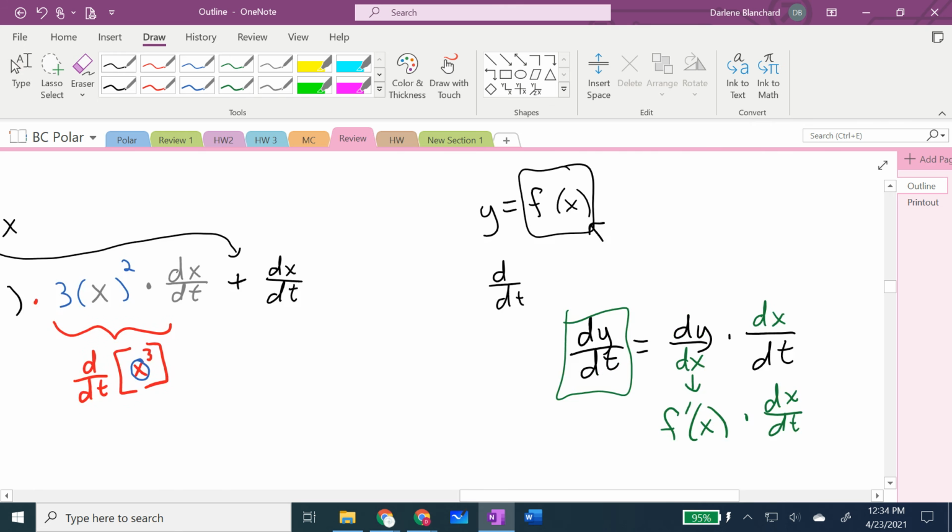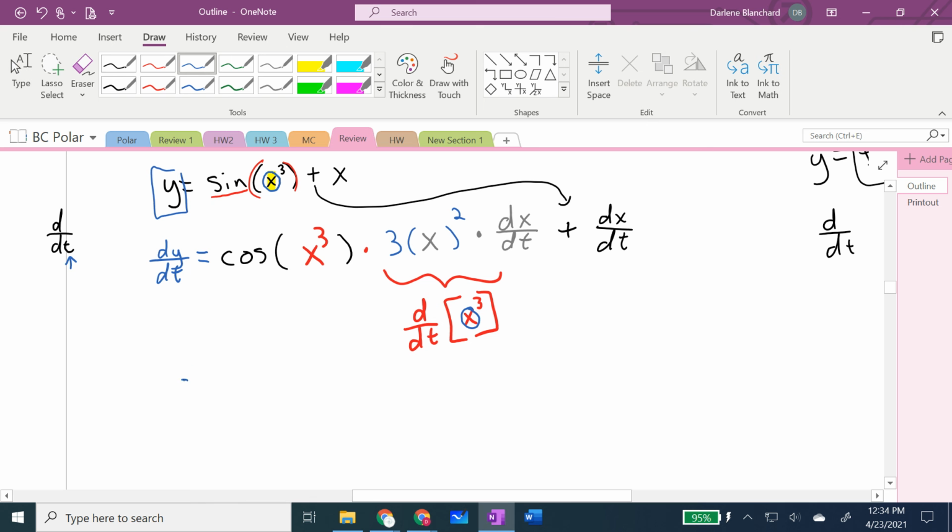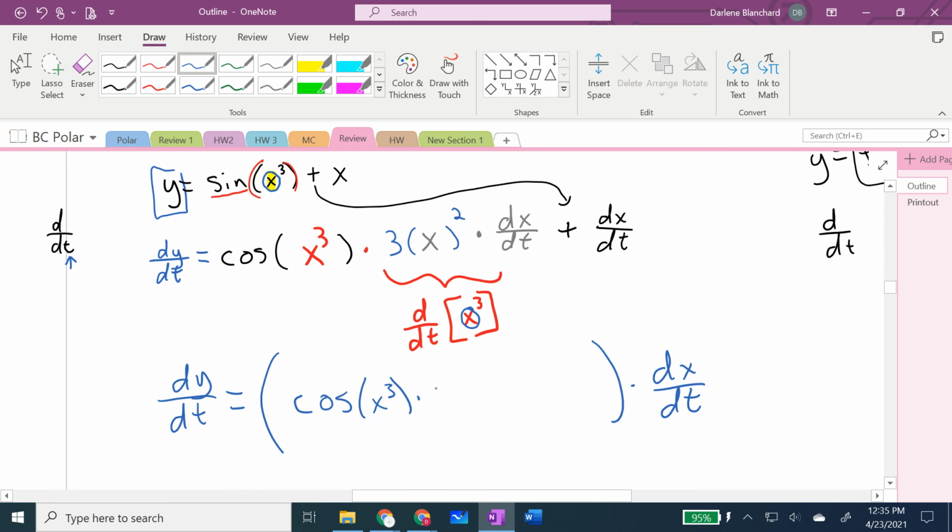And I want to show you that that is the same thing, because this dy dt could have been looked at as just take the derivative like normal and then multiply by dx dt. Derivative like normal would have been the cosine of x cubed times 3x squared and then a plus 1. So you can do it either of those two ways.